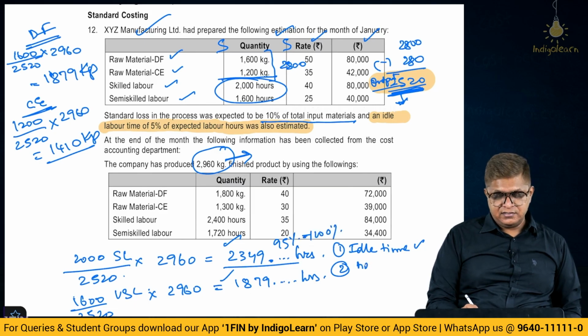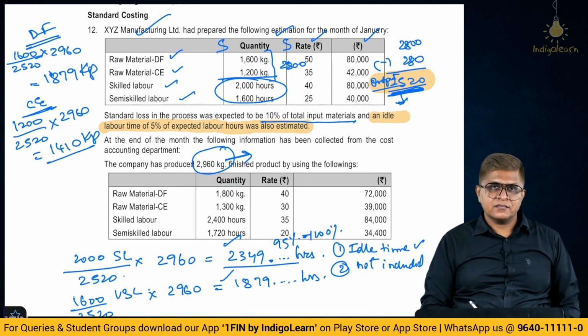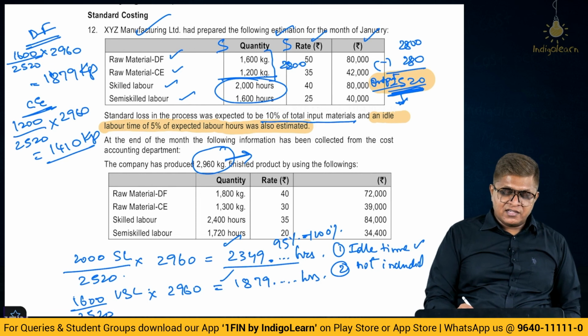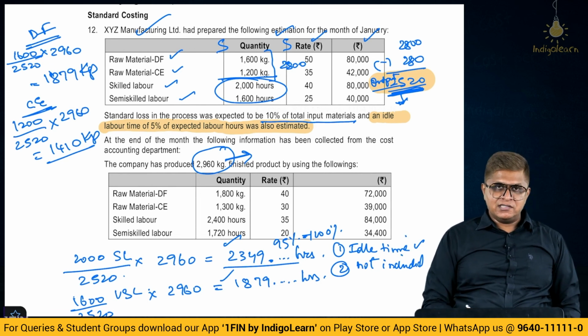So if I assume that this idle time is not included, then I will have to extrapolate. Alright, so these are the two things that we need to do. One of the assumptions we need to make and arrive at the solution.